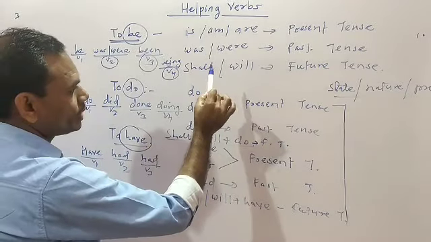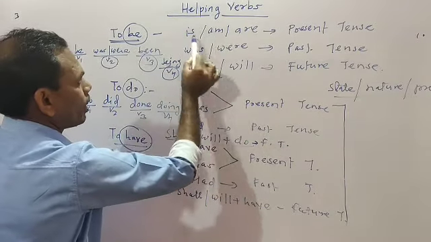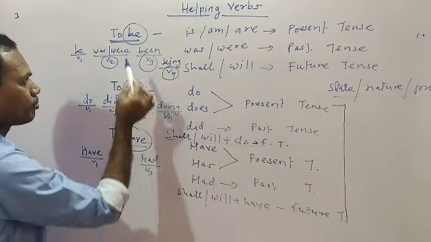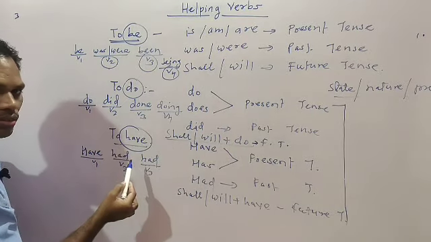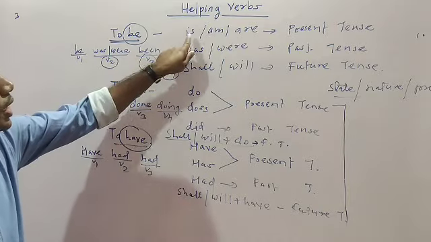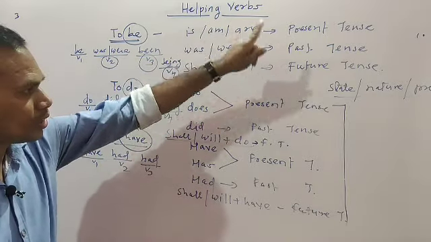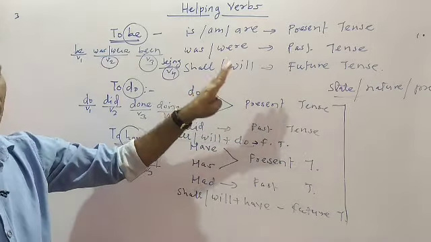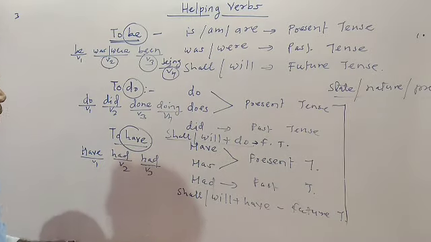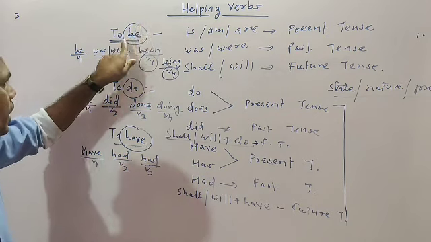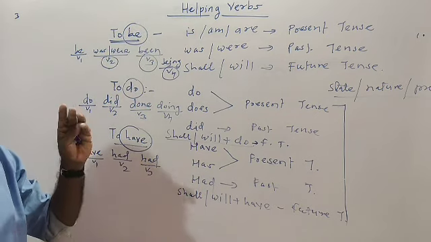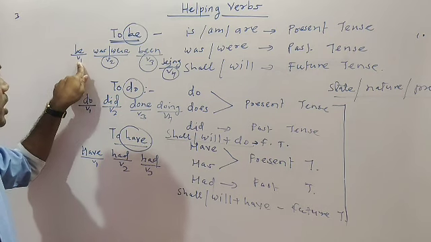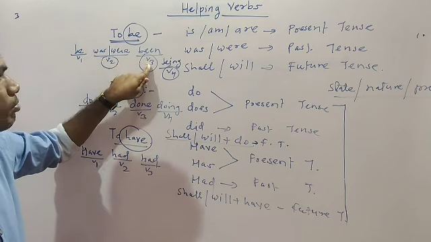So now see here, what did we see today? We have seen the helping form has three types: to be, to do, to have, right? So is, am, are are used in present tense, was, were used in past tense, shall, will used in future tense. Okay, but be is also a main verb, and there are three forms of the main verb, that is be, was or were, and been.